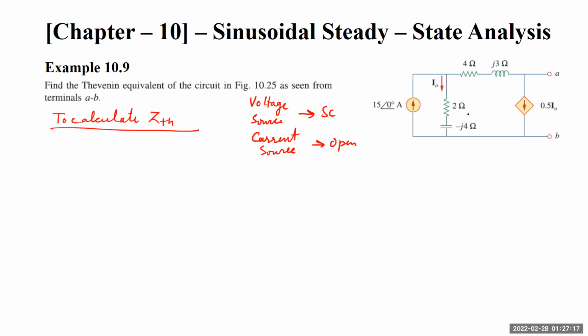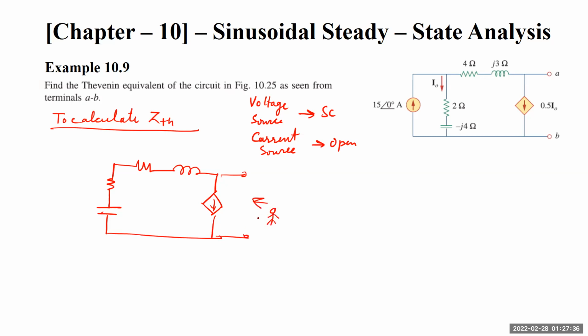If we apply this concept over here, we are left with something like this. We are standing here, and we have to find Z Thevenin at these two points A, B. This is 4, this is 3J, this is 2, this is minus 4J.